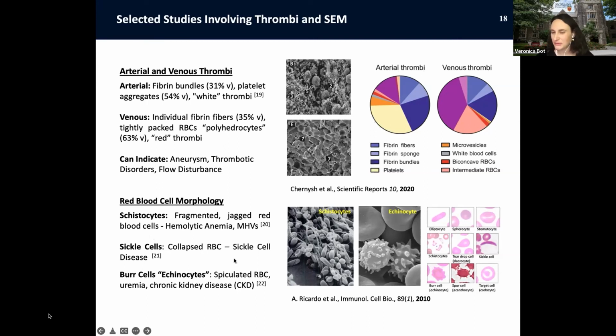And as you may be familiar with, this could indicate sickle cell disease. Or Burr cells or echinocytes are these spiky red blood cells. This could indicate that there's an issue with the osmolarity of your buffer, which is sort of an operational issue. Or it can indicate there is a pathology, so uremia or chronic kidney disease from that donor.